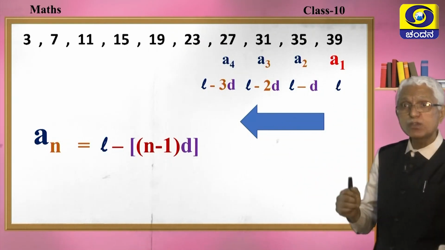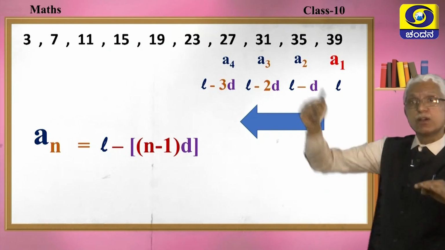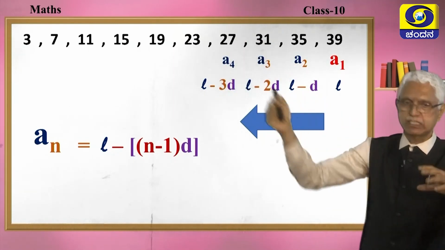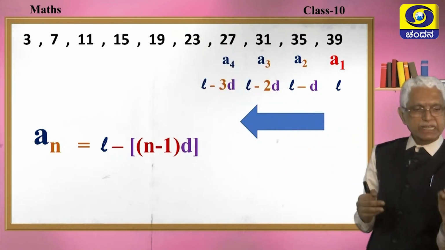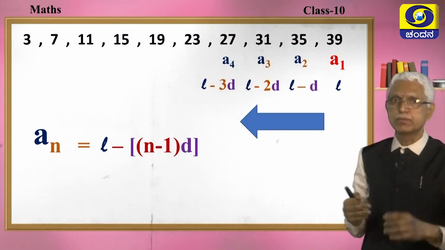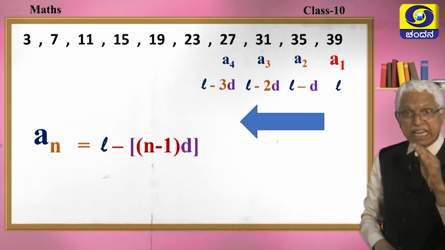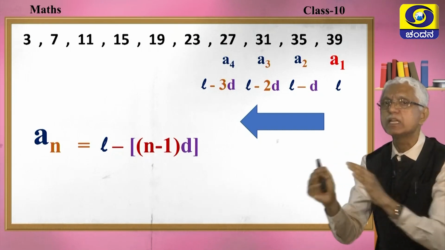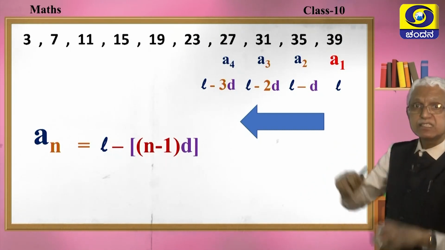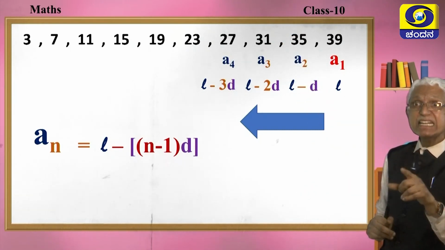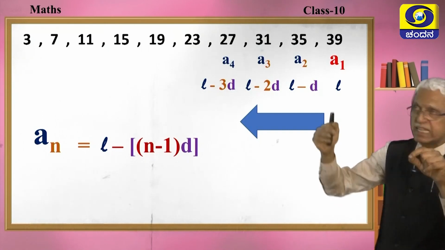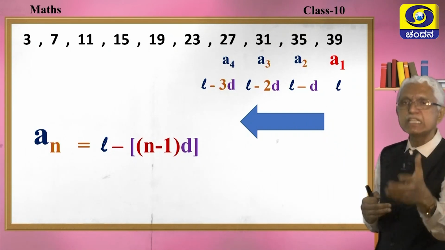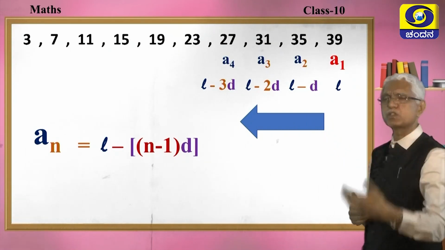So, if you want to find any term from the last term, correct? If you want the 10th term from the last term, 20th from the last term, 16th term from the last term, you can use this formula L minus (n minus 1) into D, where L is the last term, n is, if you want the 10th term from the last, n is 10, 15th term from the end, n is 15, and common difference is obviously identified.